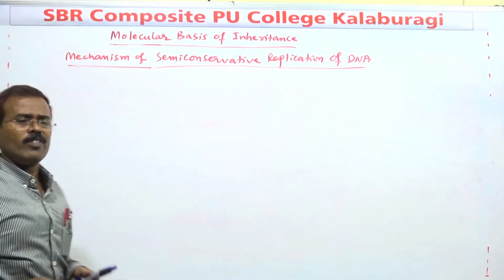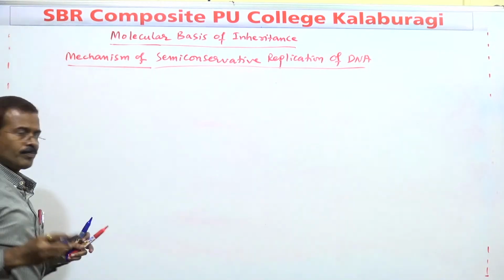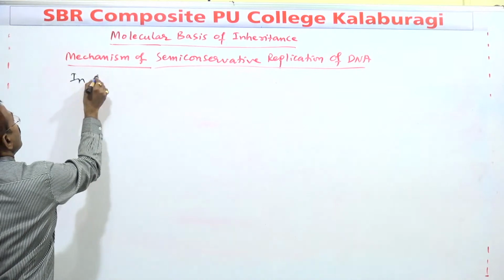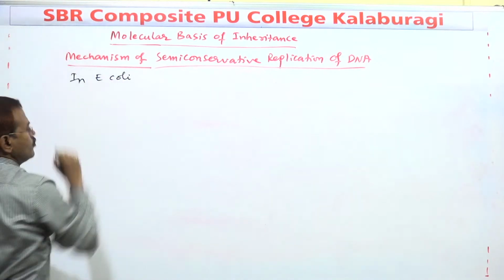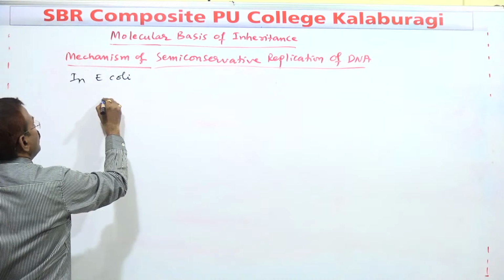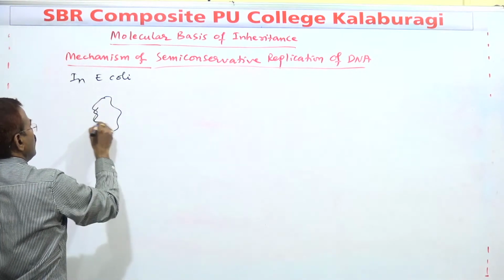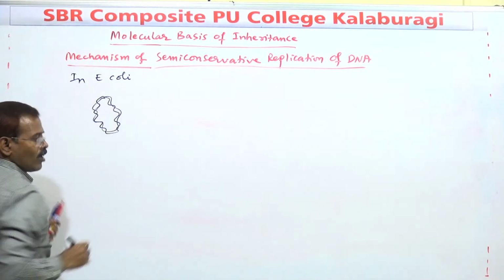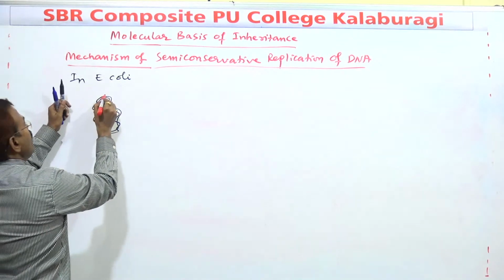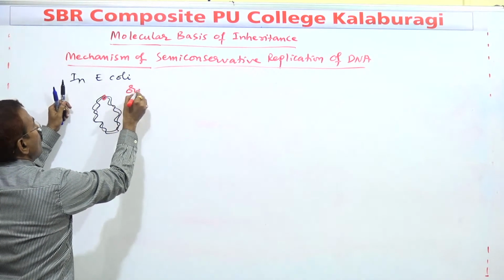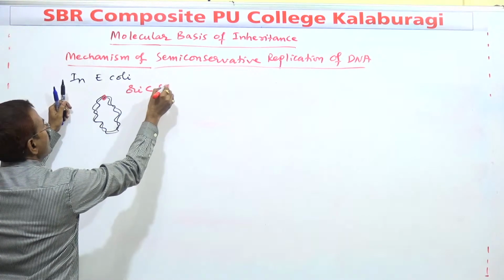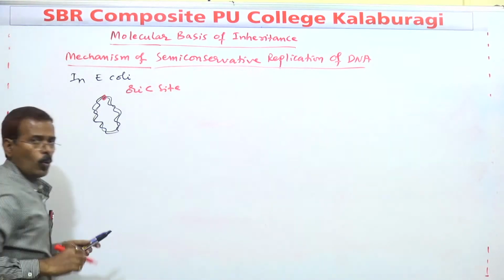Mechanism of semi-conservative replication of DNA. In E. coli, you have double-stranded small circular DNA. So it has a site that is the ori C site, the origin of replication.